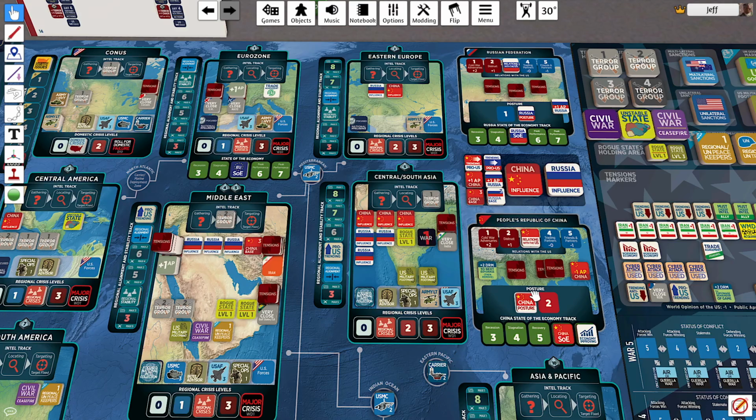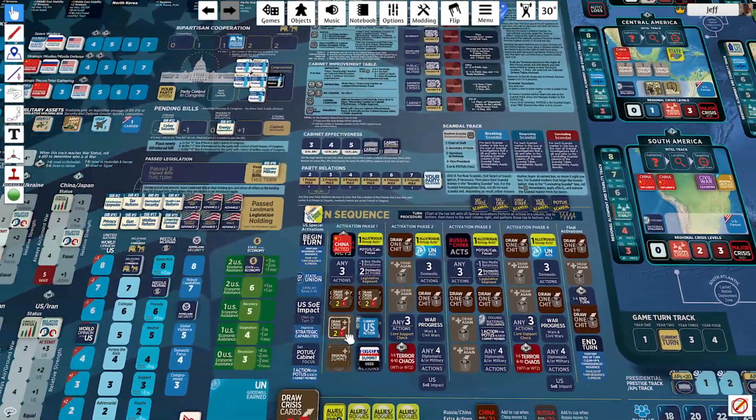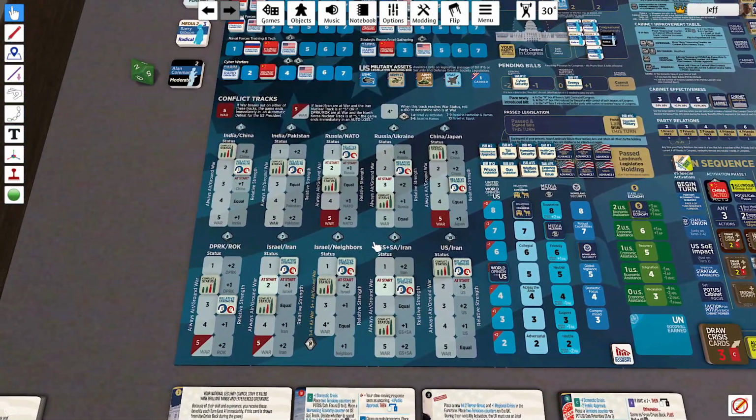And we're not done. Roll a d10 and apply +1. I rolled a 6, which becomes a 7. US-Iran conflict track goes up. I'm okay with that. And then another d10.